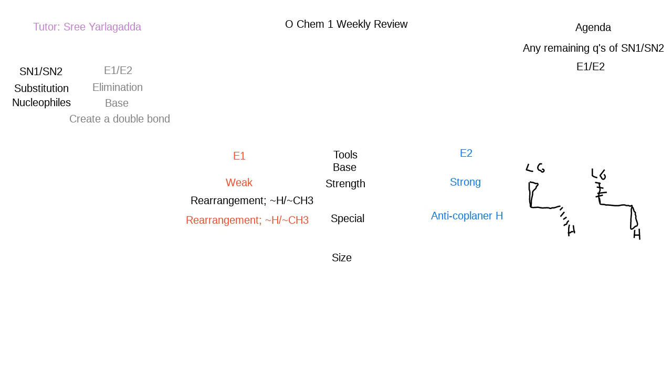Yeah, but all I'm trying to say is that it can also rearrange just like SN1. And it can do that with a hydride or a methyl shift. Okay. Now, on to the size of our base. You could have a small base, or you could have a not big, but we call it bulky.